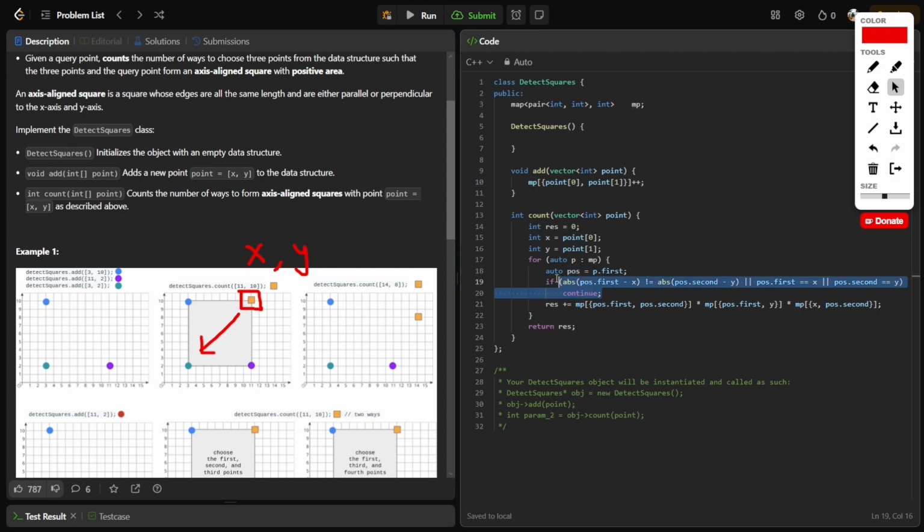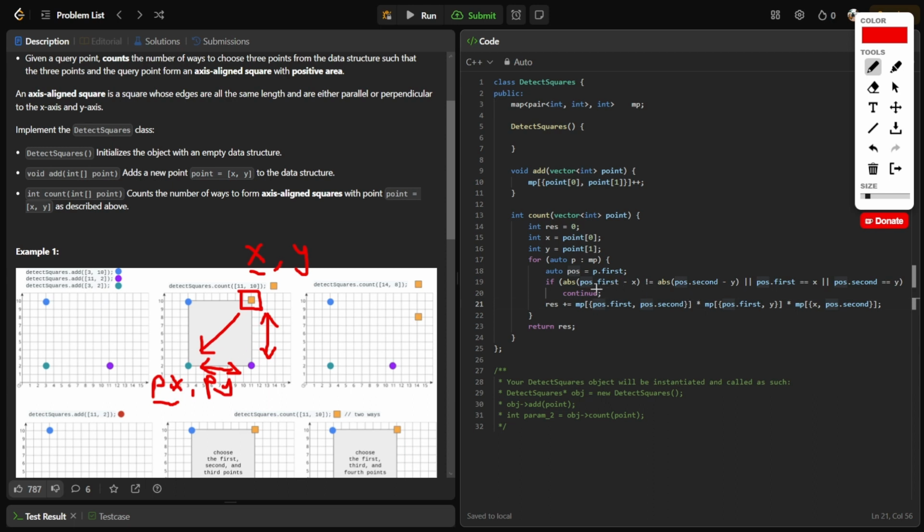So here we have the if statement. This is the gatekeeper. The absolute position first minus x not equal to position second minus y is basically doing x minus px and y minus py. Remember I mentioned if x minus px, we will get the height or the width, either one.